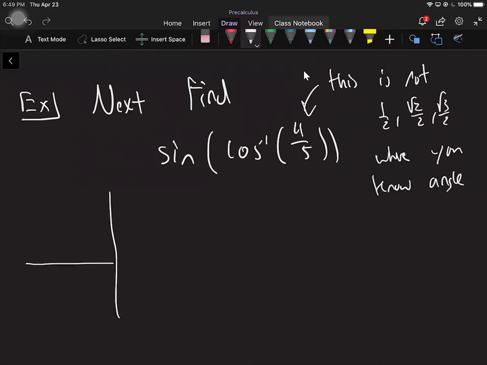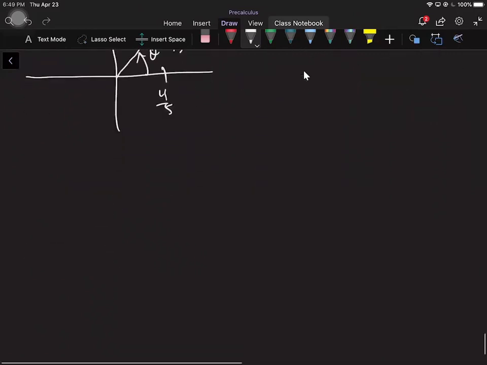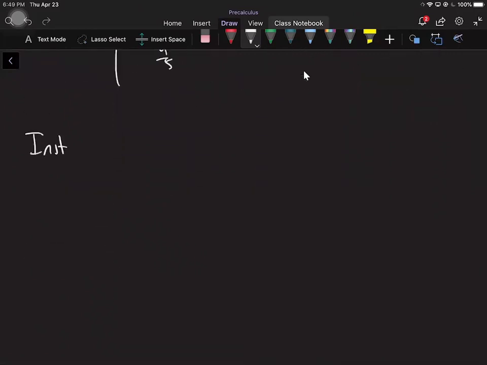So it's a bit trickier because what's going on now is I have my x value is 4/5, and I don't really know what angle this is. So I can't just do that like the previous problems. But this sort of hints at what to do instead. So instead we do this.